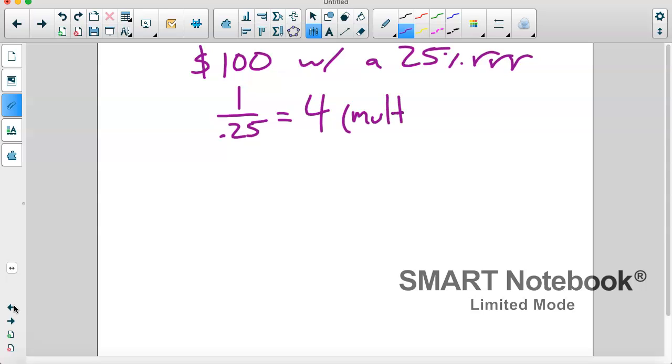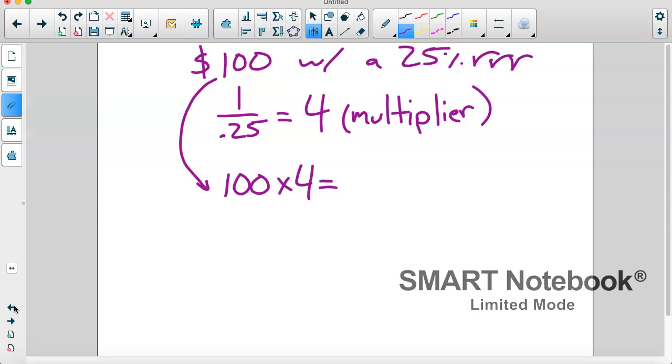You can take any deposit and multiply it by 4, and that's how much total money there's going to be. So we had a $100 deposit multiplied times 4, which means the total amount of money in the market is going to be $400.